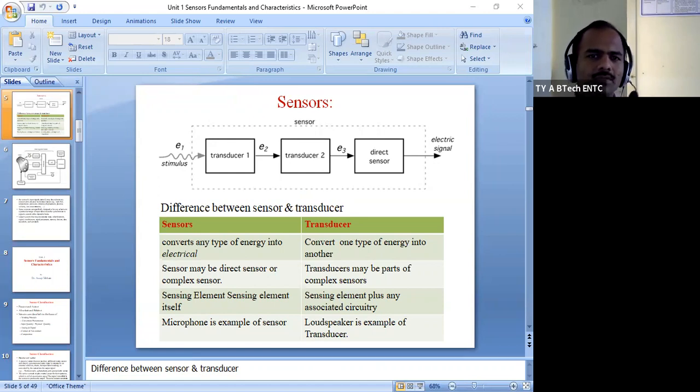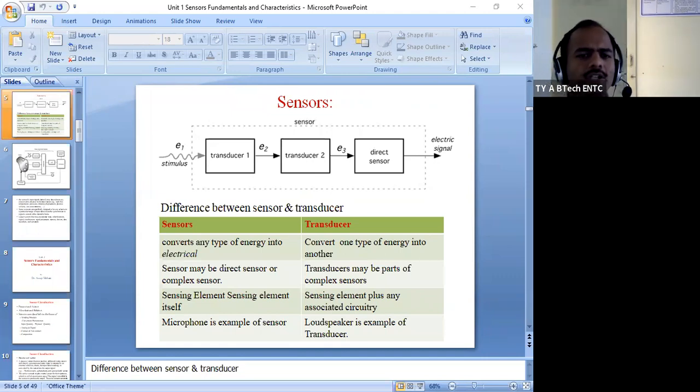See, any sensor's input may have a physical or chemical nature, and it may be any physical quantity like pressure, temperature, humidity, weight, that is, a load cell or strain gauge we are using. Then velocity measurement, distance measurement, that is obstacle detection, light intensity.